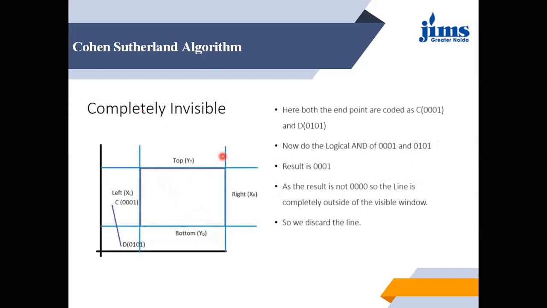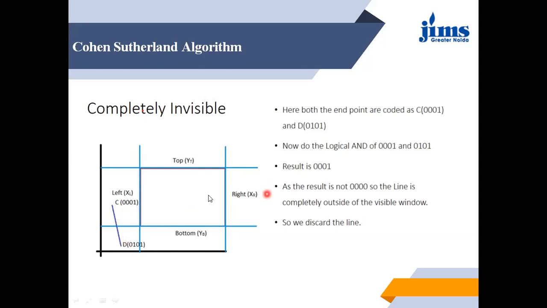And I told you, in the case of a completely invisible line, we have to perform an AND operation between the region code of one point and the region code of the other point, and the value is non-zero.